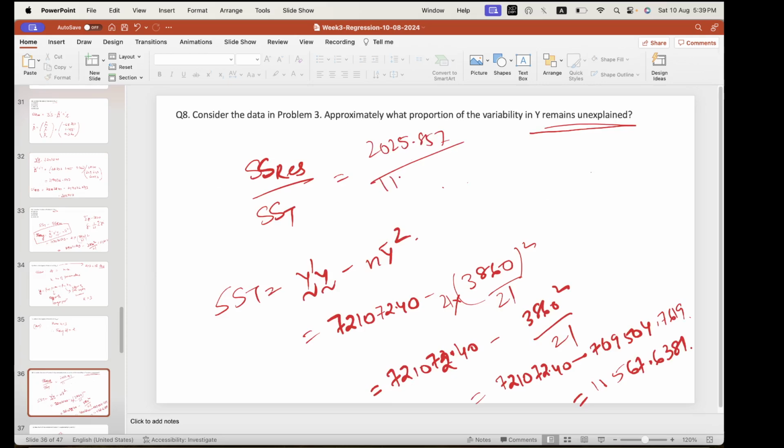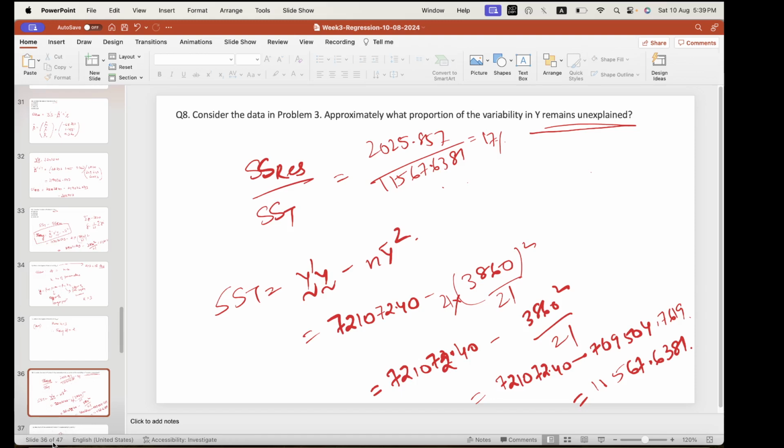divided by 11567.6381. So that is 2025.857 divided by 11567.6381. So this would be 17% approximately.